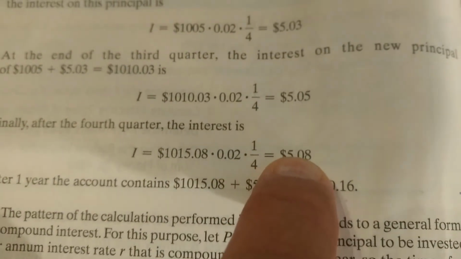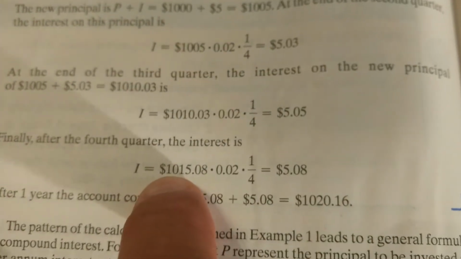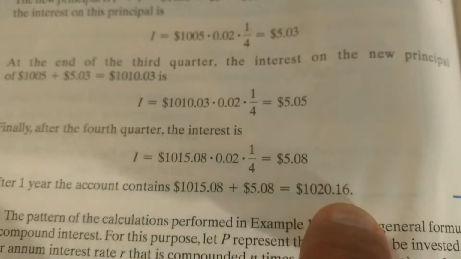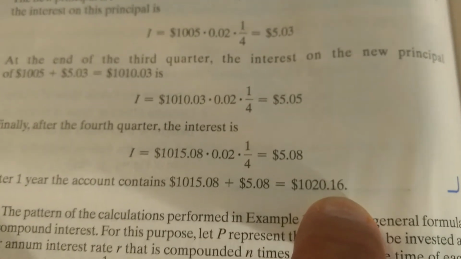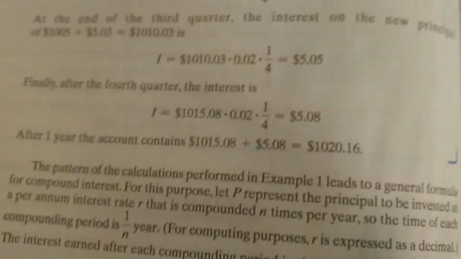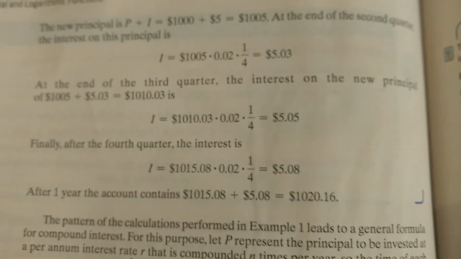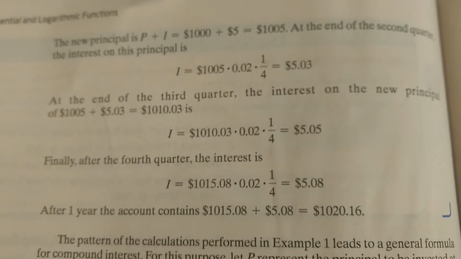Do the math again, we get $5.08. We find out when we add this $5.08 to the 1,015.08, we get $1,020.16. Make sure you understand that when it talks about quarterly, you have that first quarter, second quarter, third quarter, fourth quarter. They contain months.